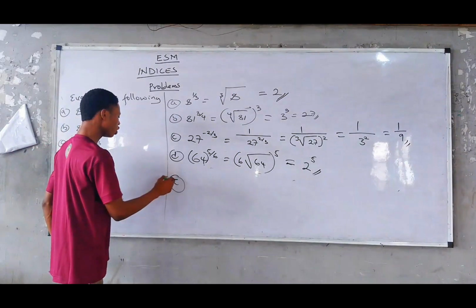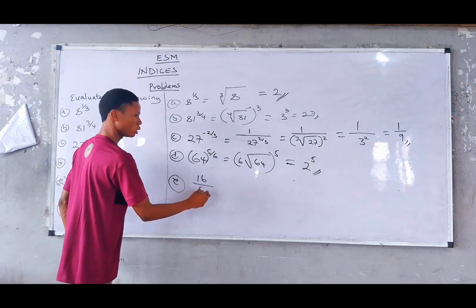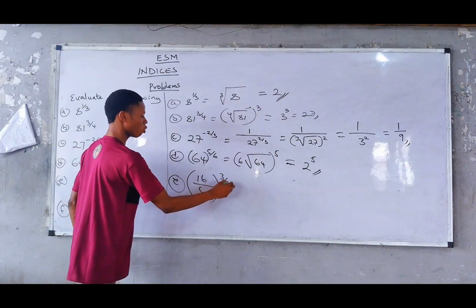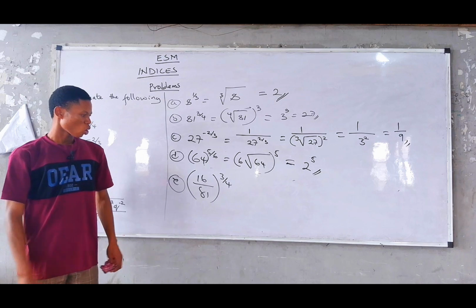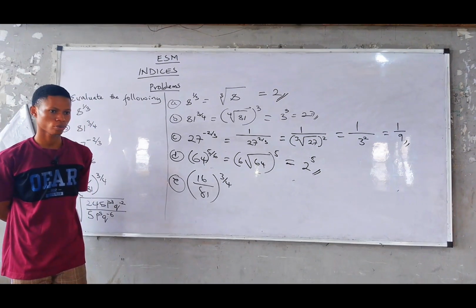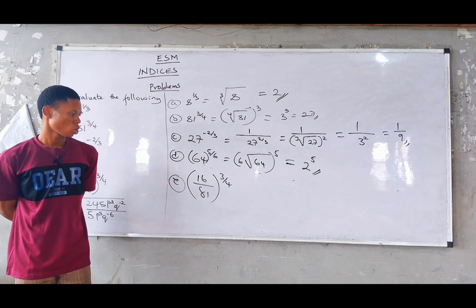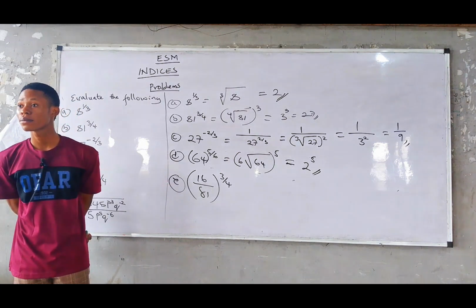Nobody should be having issues with E now. 16 all over 81, all raised to power 3 over 4. In this case, what rule are we going to use? There are many methods you can use to attack this. What rule do we use here? Roots.